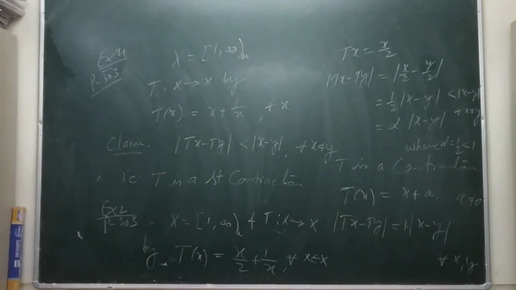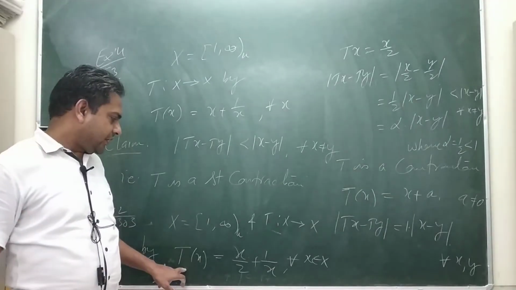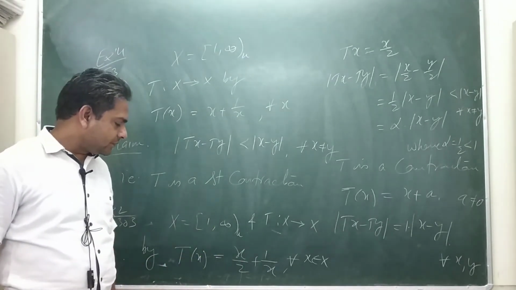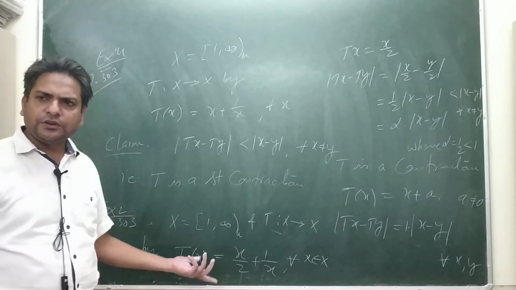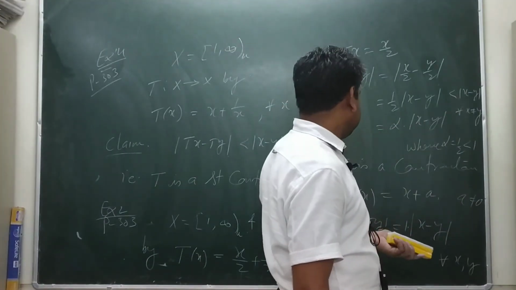So my claim here is that T is a contraction map for some fixed alpha in the open interval 0 to 1. Because if you consider alpha as 0, then it's a very trivial case.